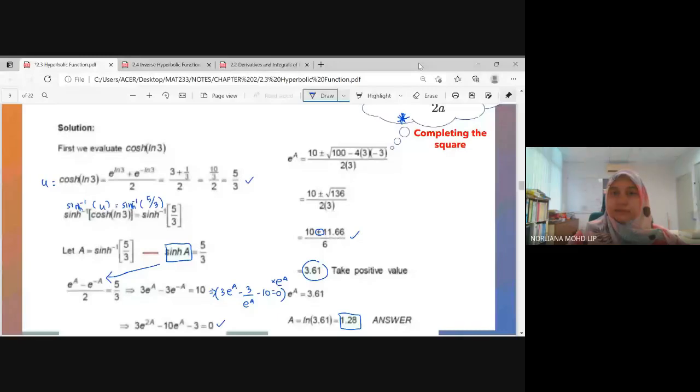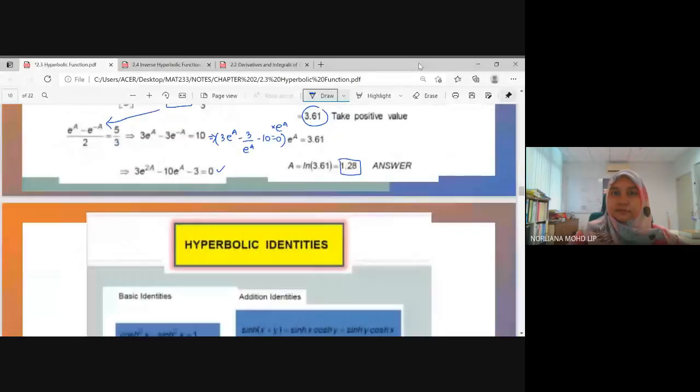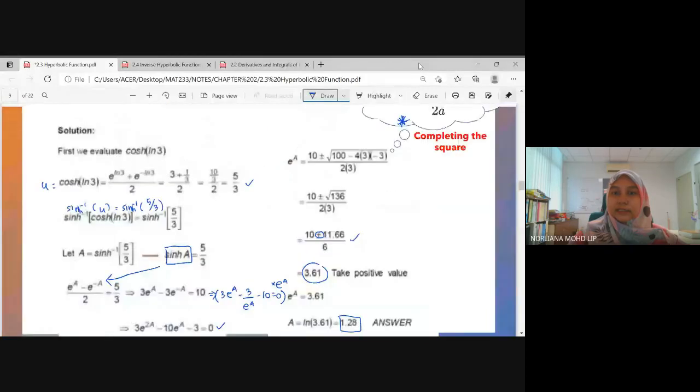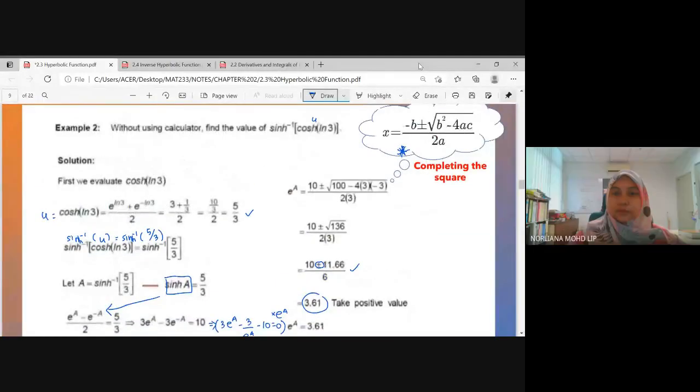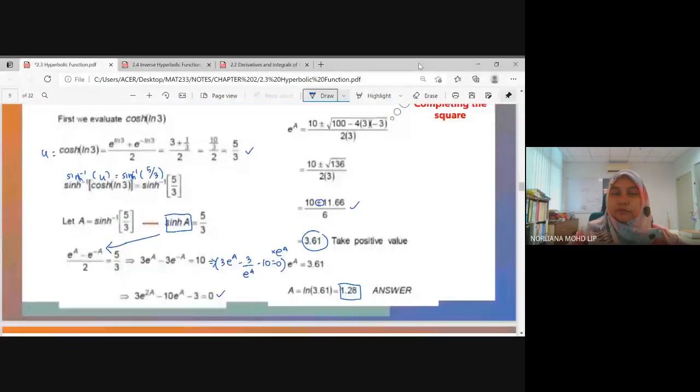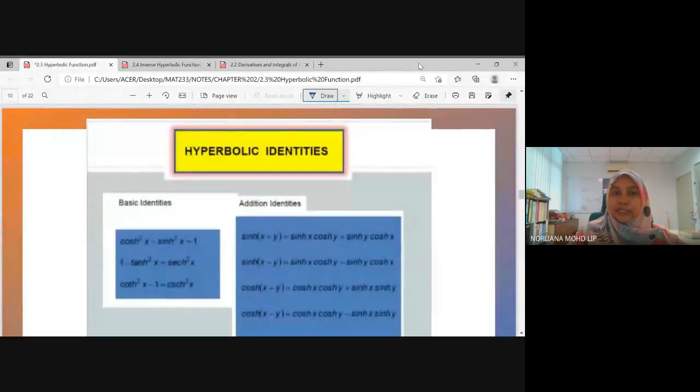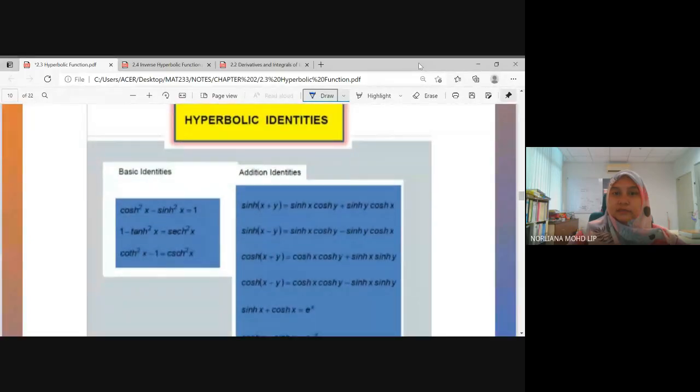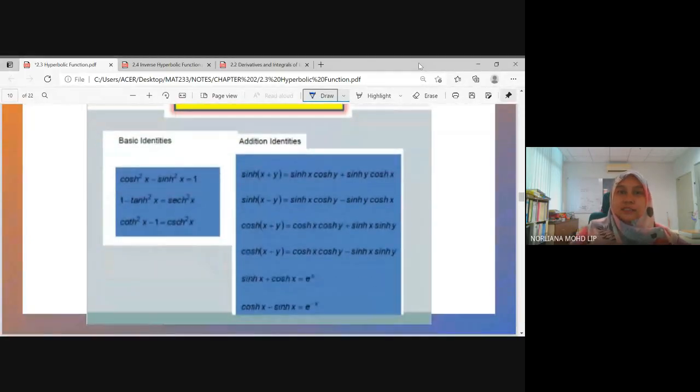Ada soalan lagi? Untuk ni. Ada. Boleh. Okay, we look at the hyperbolic identities. Okay, identities. Ada ni lah. The basic identities and the addition identities. Pattern dia nak ikutkan macam sama lah juga the trigonometric function kan. Cuma ni dia ada H lah, hyperbolic.